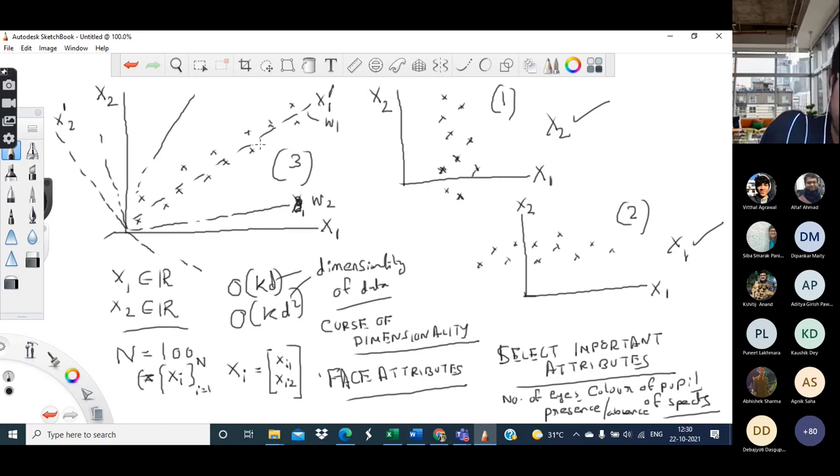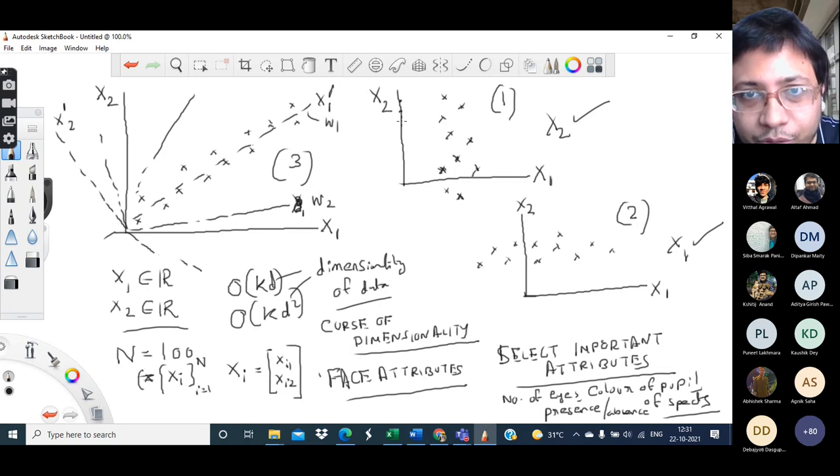That means those sums of the squares of the perpendiculars actually represent nothing but the error of projection or error of approximation. What I am doing essentially is an approximation. In this case also I did an approximation, by basically forgetting all the x1 values and just looking at only the x2 values, the x2 values being something like this.